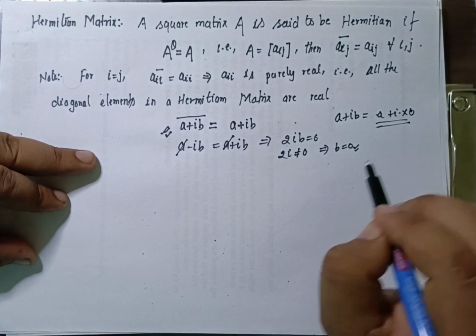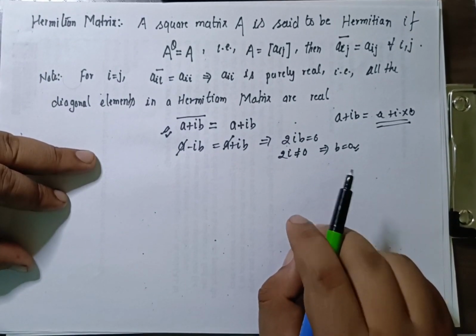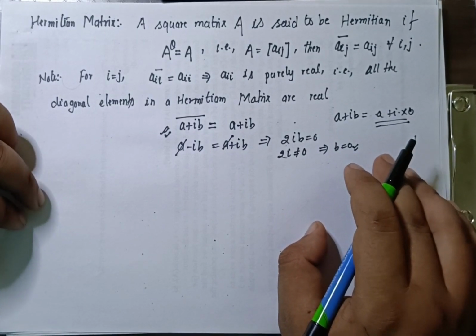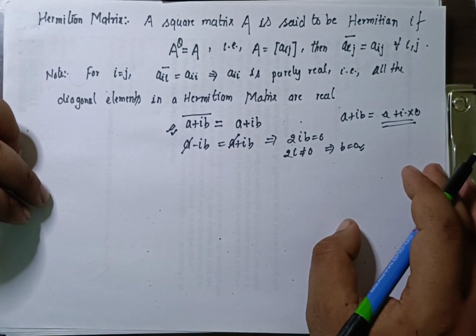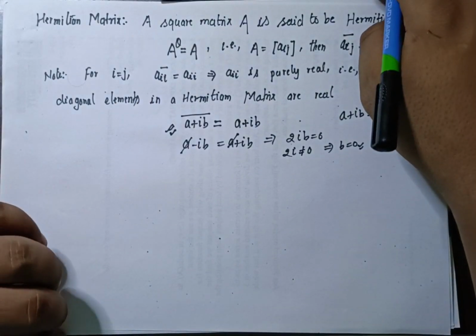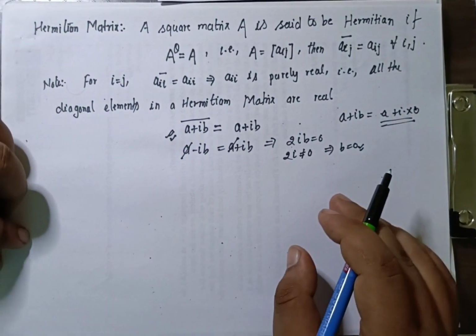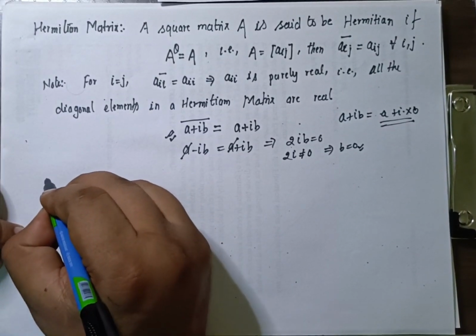So it is easy to identify that the diagonal elements of a Hermitian matrix are always purely real.